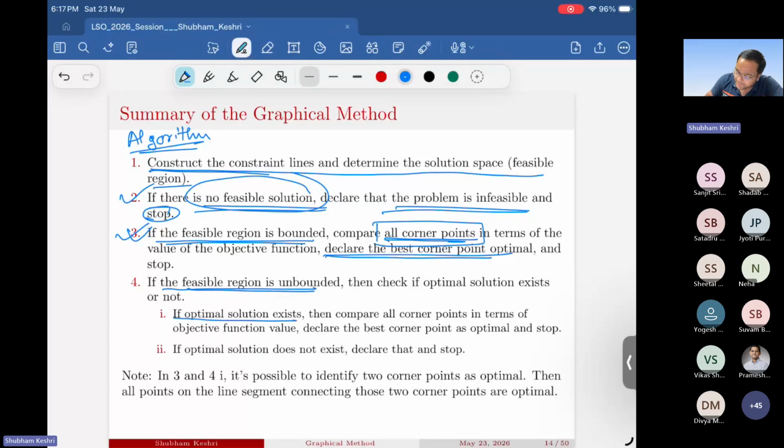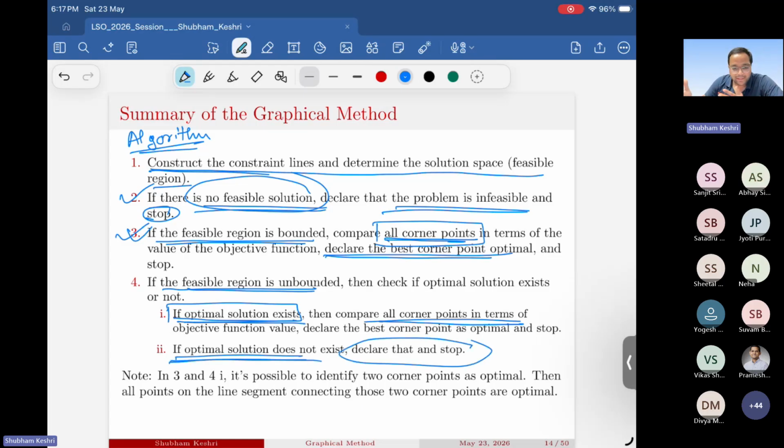First, you have to check whether optimal solution exists or not. If that optimal solution exists, then you can just compare the corner points and you can find the optimal solution. If the optimal solution does not exist, then you can declare that there is no optimal solution and you can just stop. Okay. So this is an algorithm of solving LP using graphical method.